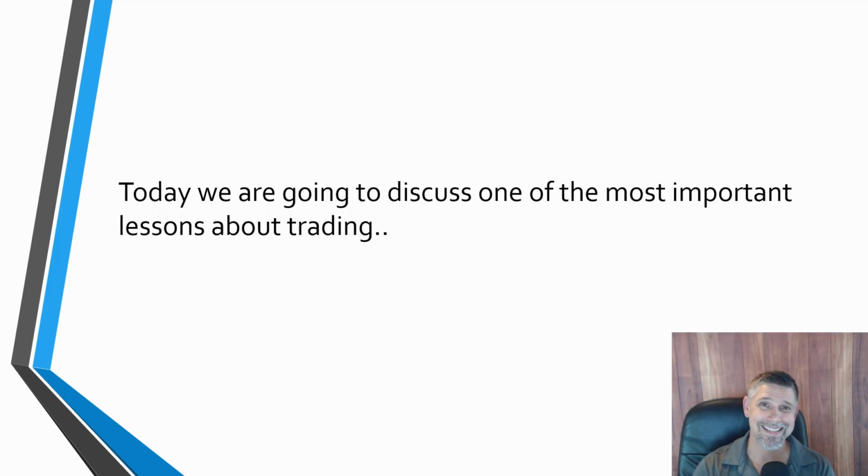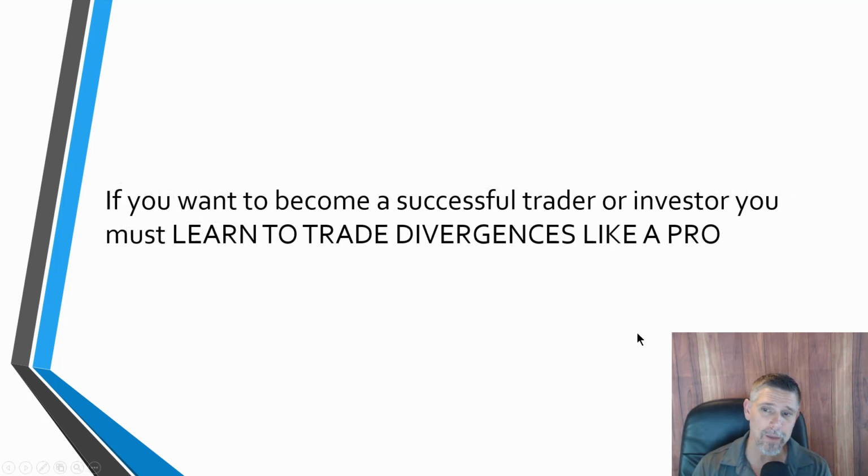All right, so today we're going to discuss one of the most important lessons about trading. Again, I feel it's one of the most important concepts that you're going to need to know. So if you want to become a successful trader or investor, you must learn to trade divergences like a pro. Okay? Now, there's many ways to trade.